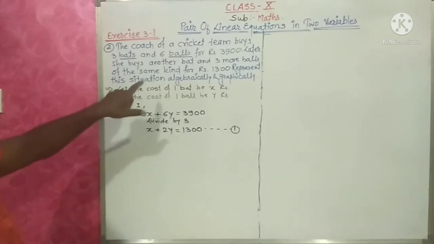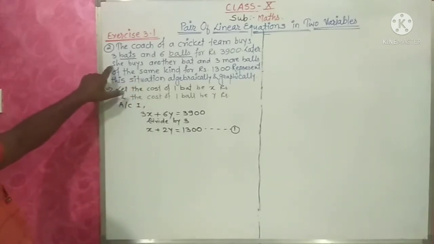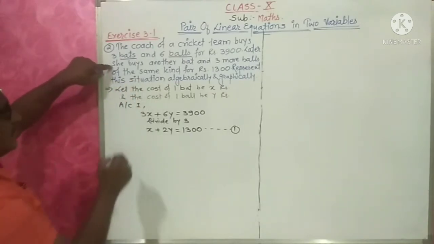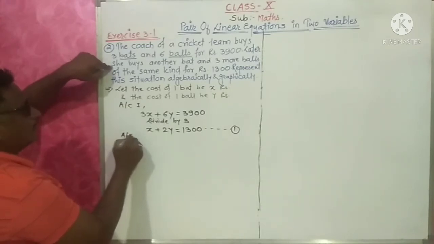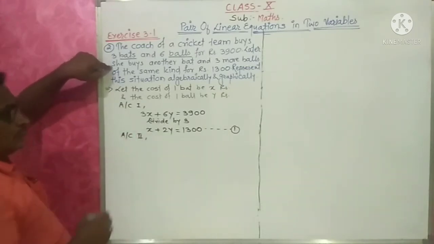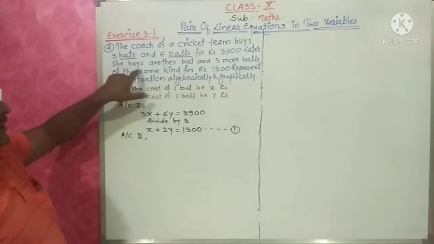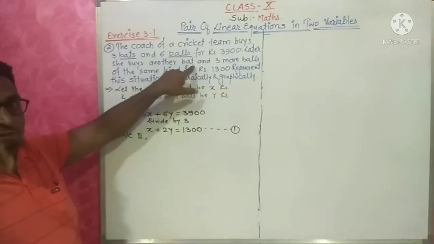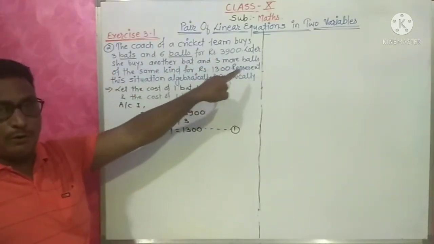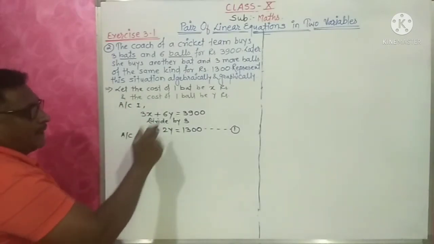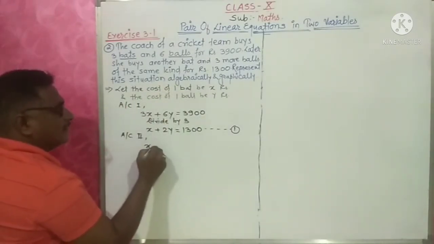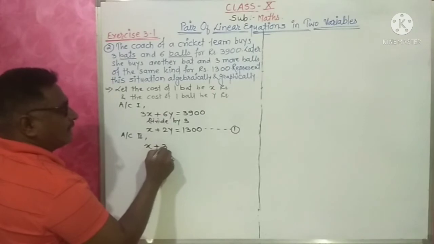Now the second. From here the second condition starts. According to condition 2, she buys another bat. Another bat means 1 bat and 3 balls. So the cost of 1 bat is x and 3 balls means 3y.